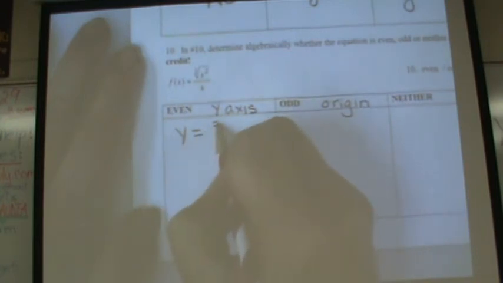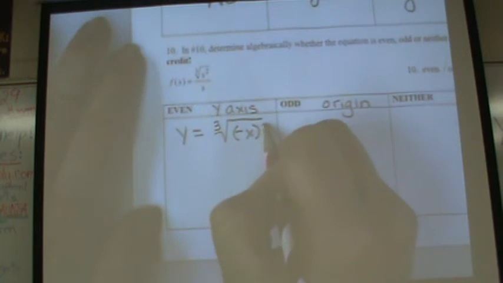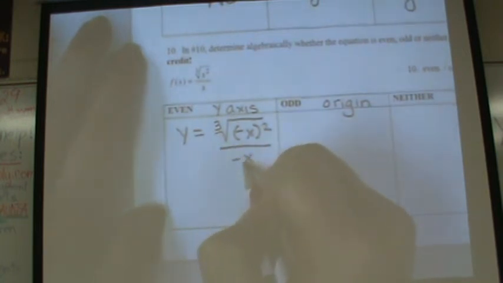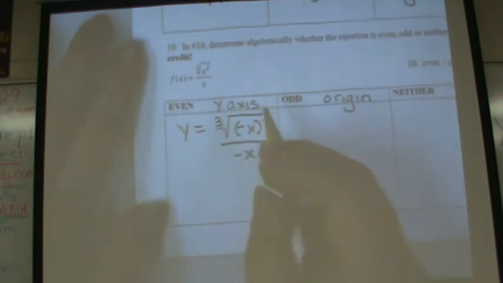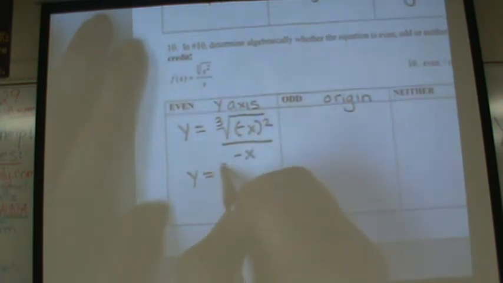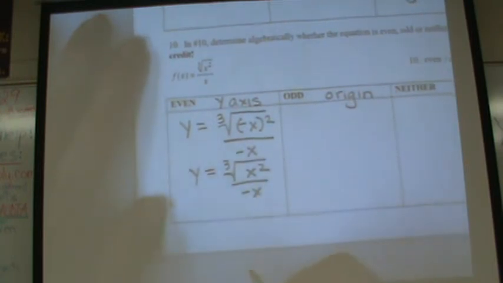So you have y equals the cube root of negative x, we're going to square it over negative x. Well, in the numerator, underneath the radical, a negative x quantity squared will become positive. So you get x squared, but this is negative x.